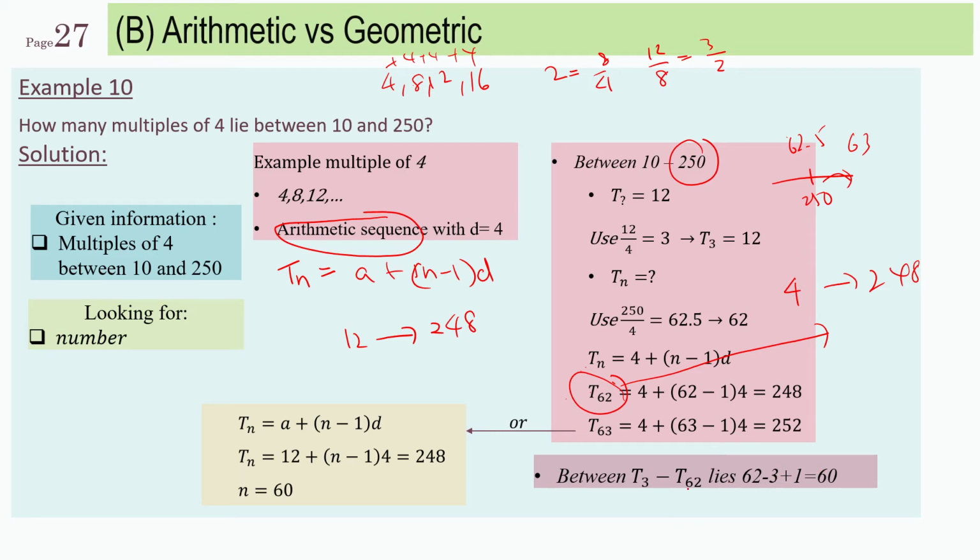Or you can use another approach: use A as the first term, which is 12, and D is still 4, and you calculate that 248 is term number 60. So these are two different ways to calculate. The 248 belongs to term number 60 for this sequence.